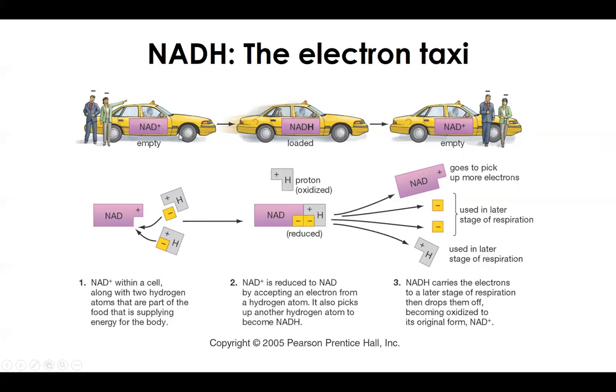The way I like to think about electrons as we're going to be picking them up in cellular respiration is to think about the idea of a hydrogen. A hydrogen has one proton, one electron. What we're actually going to be taking is a full-on hydrogen and one free electron.